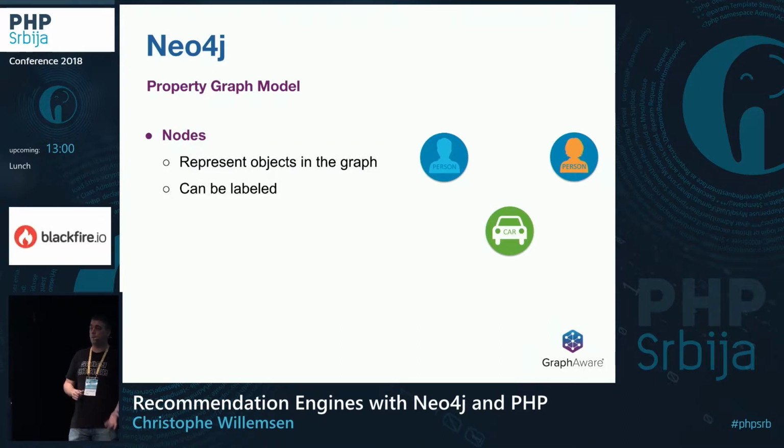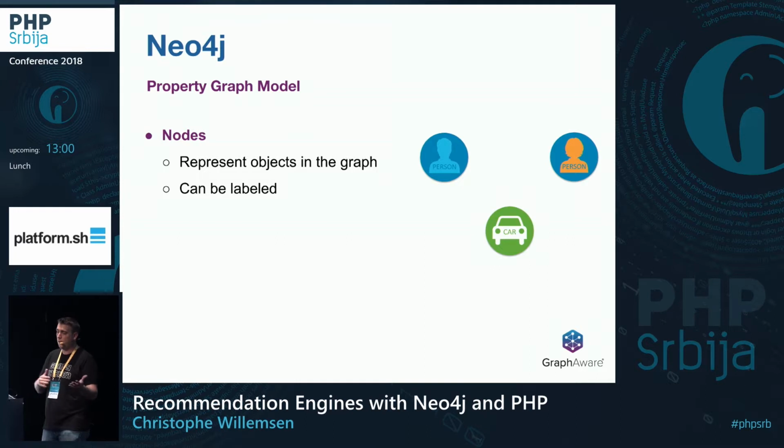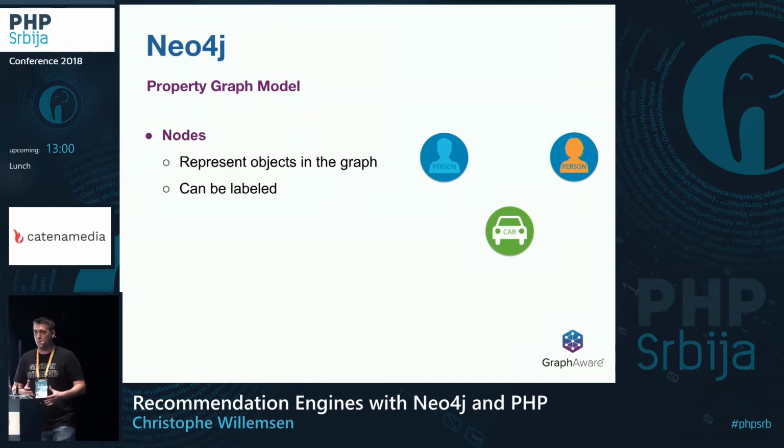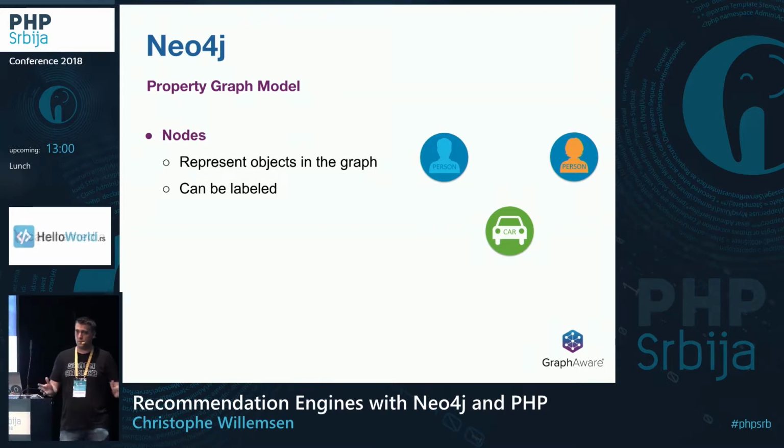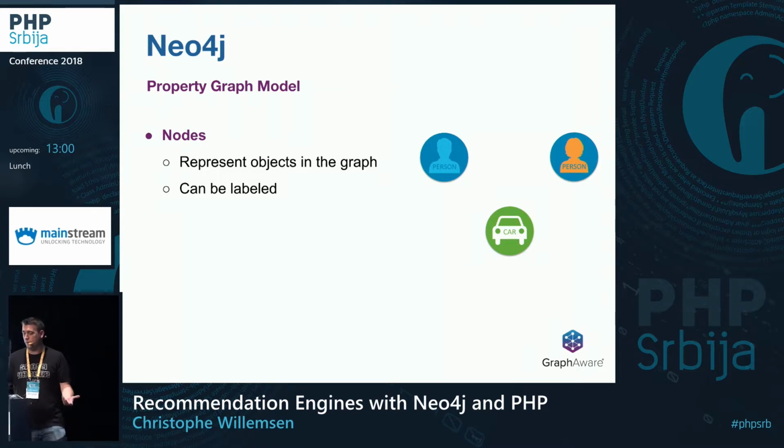You can see a label as something like a MySQL table name, for example. This is different, but it serves to group nodes of the same domain together. A node can have multiple labels, without additional cost. So you can have person, but also administrator, for example, two labels for the same person.